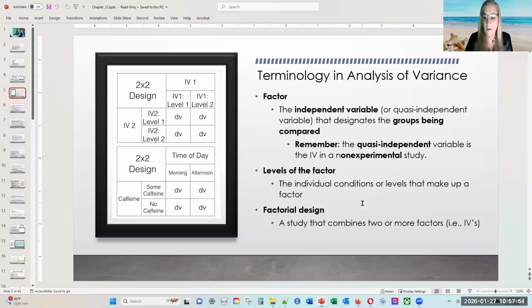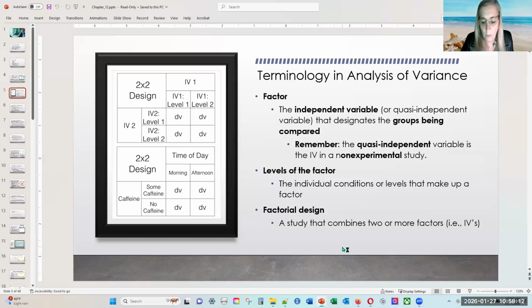And maybe color affects people's ability to concentrate. So that would be different conditions related to a factor in a design that would use analysis of variance.